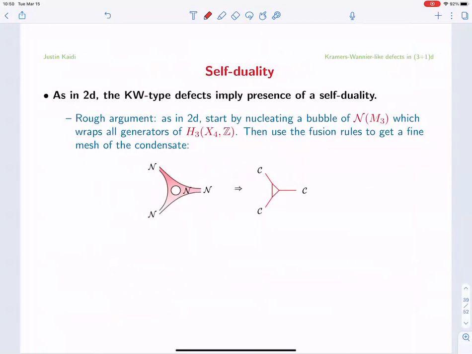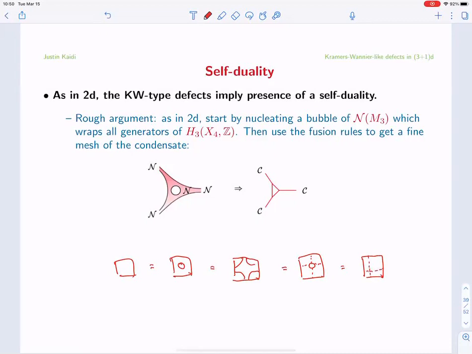So remember in 2D, the picture for how this worked is that you considered, let's say, the torus partition function, you nucleated a bubble of N, you deformed N so that it wrapped all of the generators of H1, then you pinched off, and you got an insertion of the condensate on all of the 1-cycles.